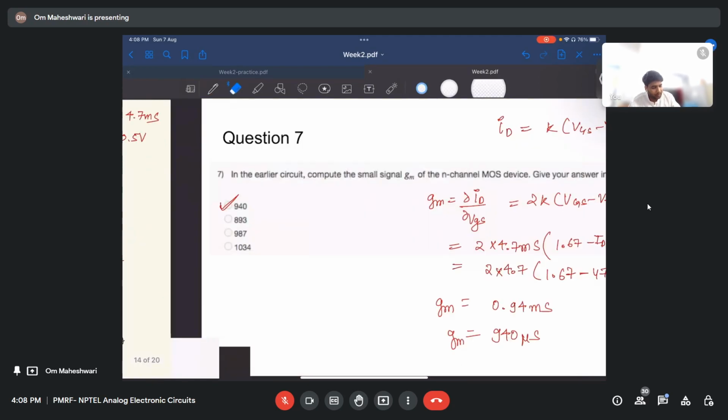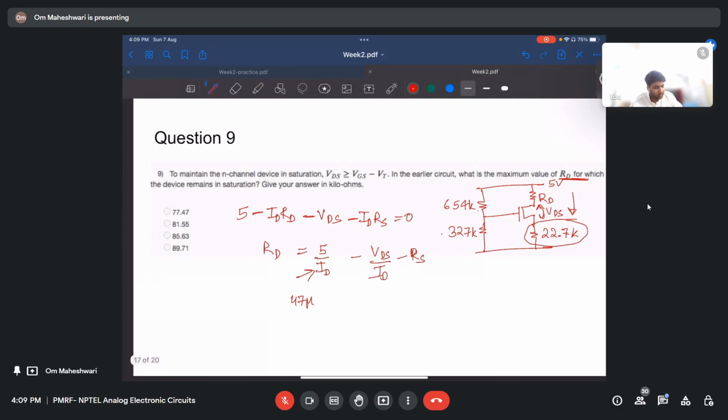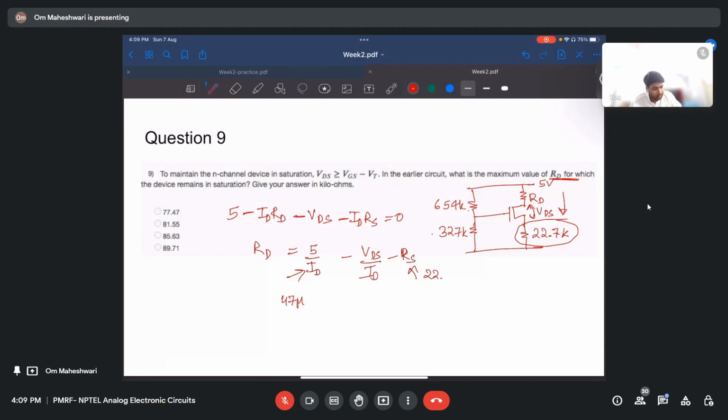I don't remember exactly where, but you can substitute this value; please find it from the previous questions. I'll upload the slides, and you can simply find RD just by substituting these values. This is 22.7K. This is a straightforward question, and RD should probably come out to be 81.5 kilo ohms.